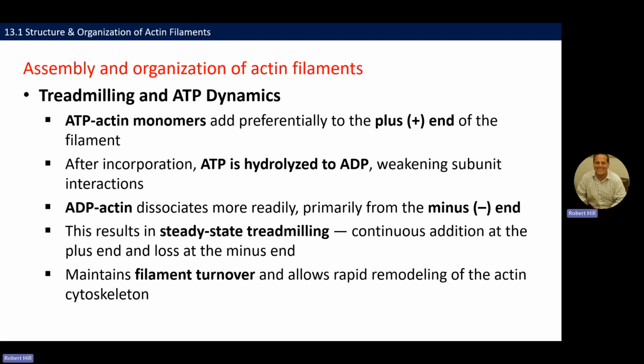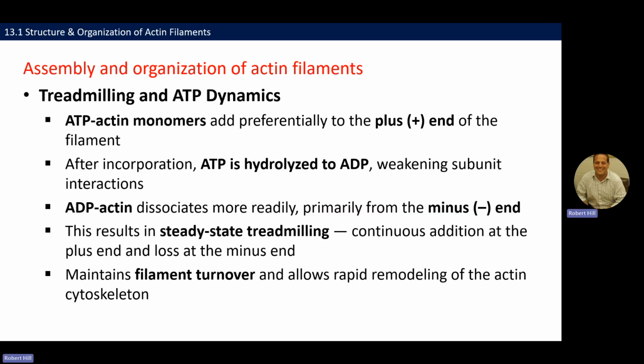All right, ATP use and the availability of ATP in the cell is very important in actin dynamics. So when you have these monomers, these globular proteins, imagine there is ATP conjugated to it. The ones going to the plus end have the ATP. The ones at the minus end have ADP on it.